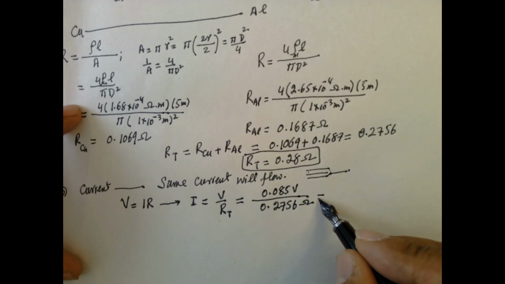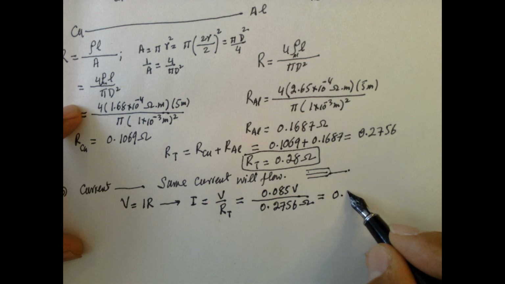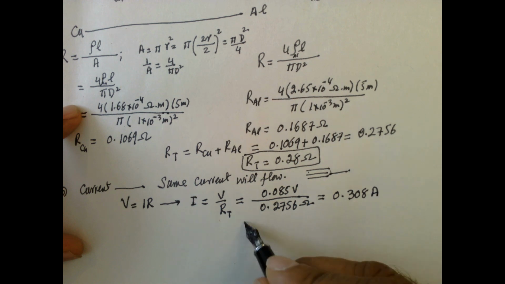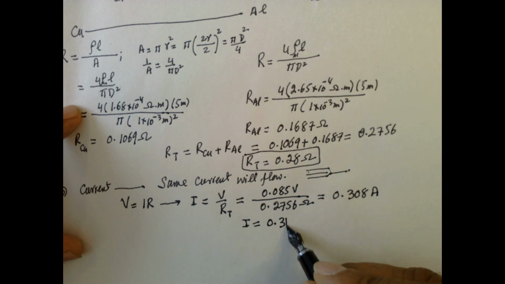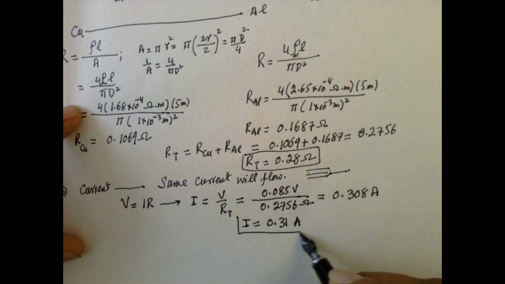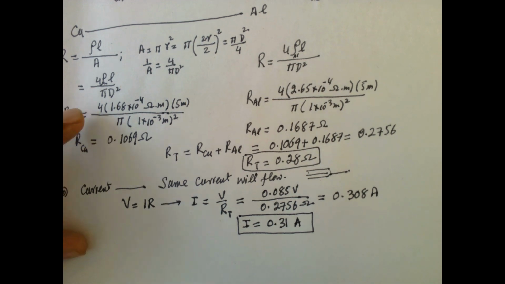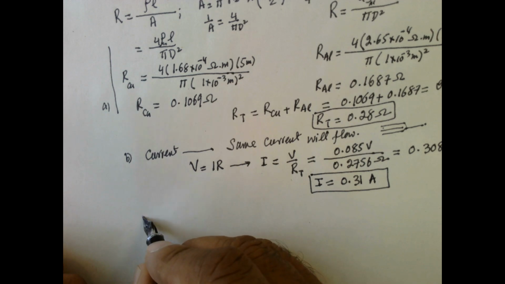And this will give us the current, which is equal to 0.308 amp. So the current is approximately 0.31 amp. So this is the current. This is the second part.